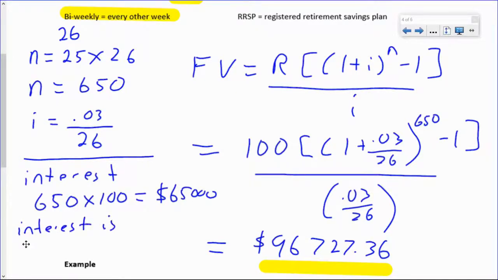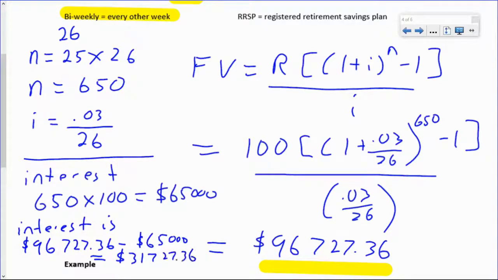So we get that just by subtracting. Which gives us interest of $31,727.36. So there's our interest that's earned right there. And this, of course, is our final or future value.